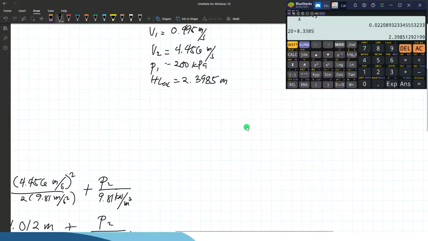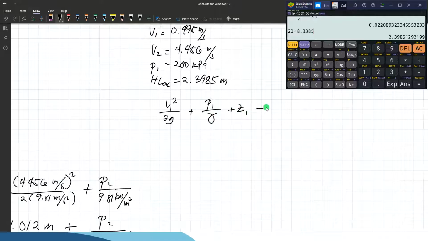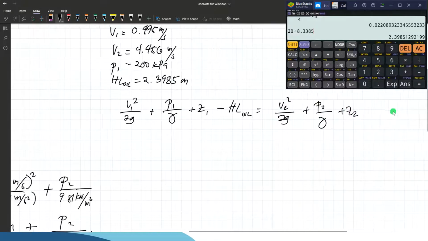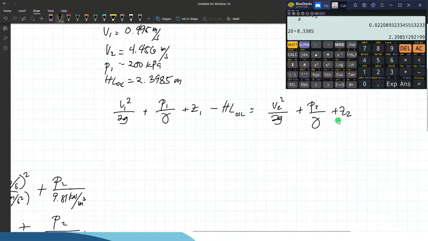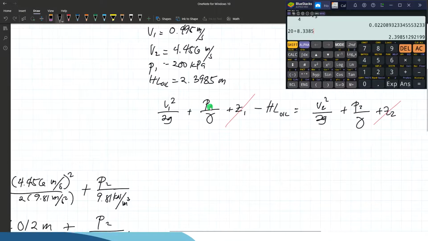Let's apply the Bernoulli equation again. V1 squared over 2g plus P1 over gamma plus Z1 minus the head loss equals V2 squared over 2g plus P2 over gamma plus Z2, and that's the equation. Z cancels because they are at the same elevation.